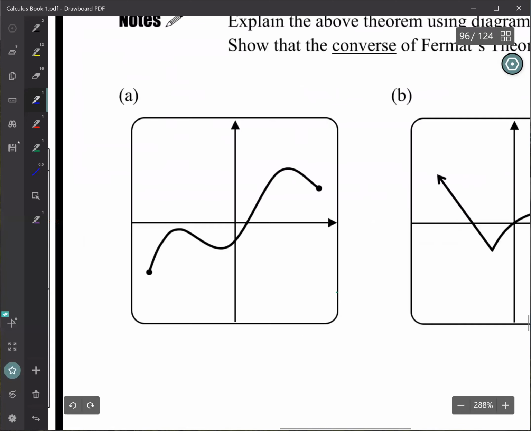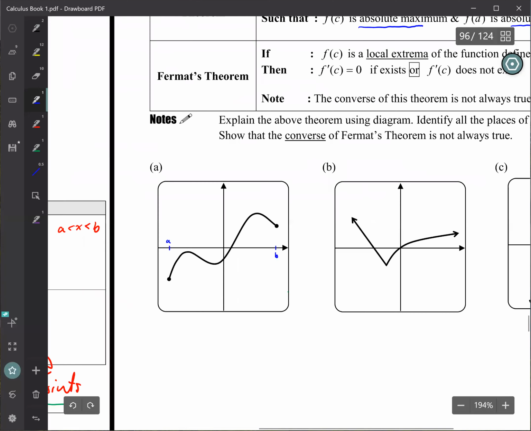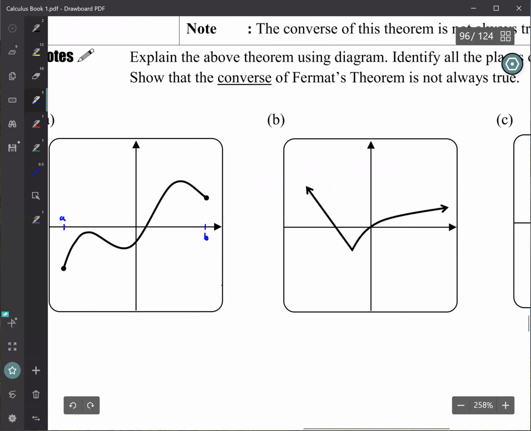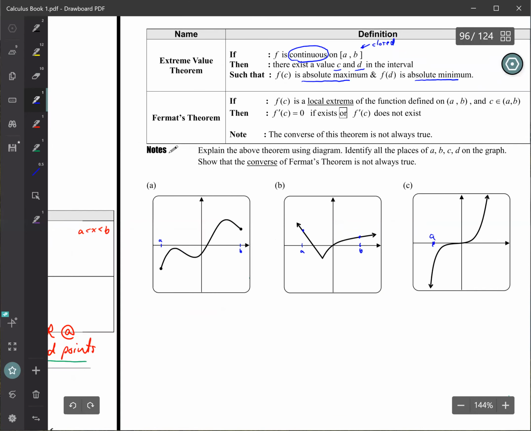For example, here is a closed interval, and I could have a closed interval here if I want. I could have a here, b here, closed here, closed there. No matter what kind of graph you draw, you are always guaranteed to get absolute extrema if you cut the graph off within that interval.